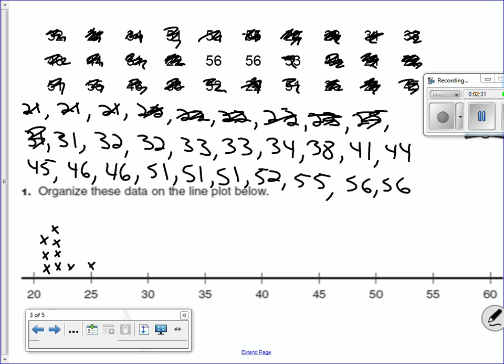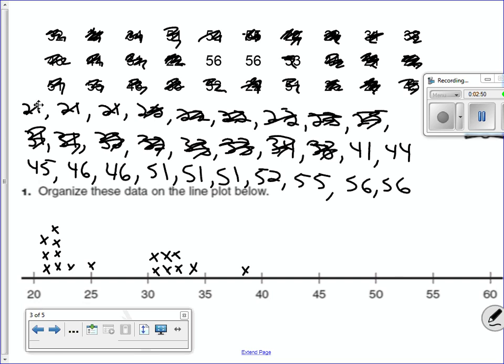I have two 31s, so it's right after the 30 here. I have two 32s, two 33s, one 34, a 38.